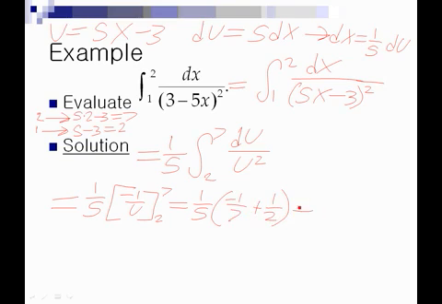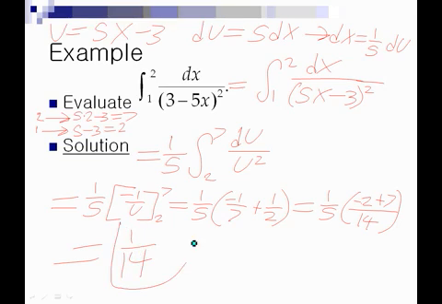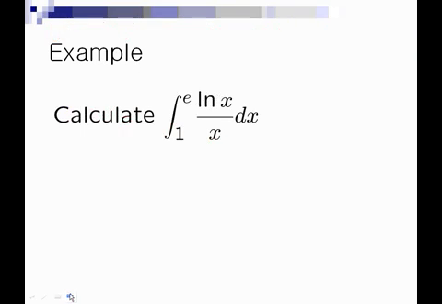If I combine that all into one fraction, I'll have 1/5 of negative 2 plus 7 all over 14. And it just so happens negative 2 plus 7 is 5, so we get 1 over 14, as expected. All right, that is a rather cool one.